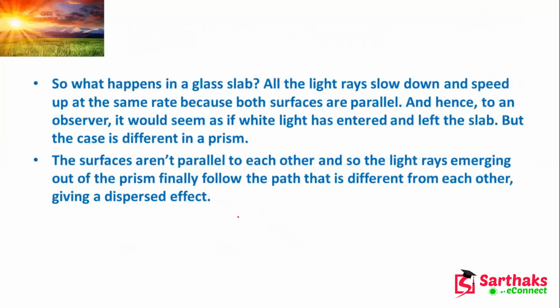So what happens in glass slab? All the light rays slow down and speed up at the same rate because both surfaces are parallel. In the glass slabs, both surfaces are parallel. There is no angle of prism here. So hence, to an observer, it would be the same as if white light has entered and left the slab, but the case is different in case of prism.